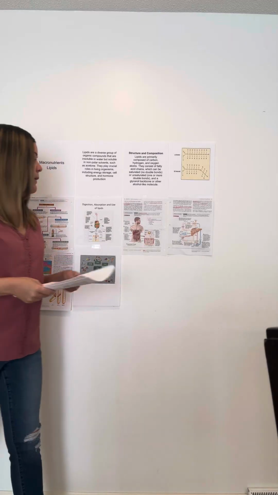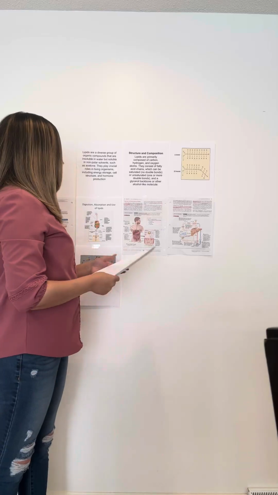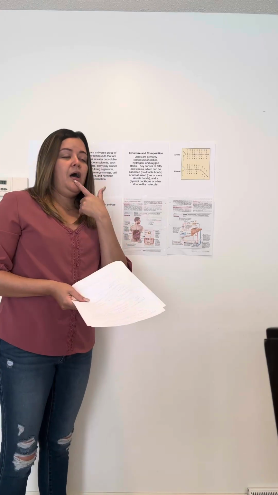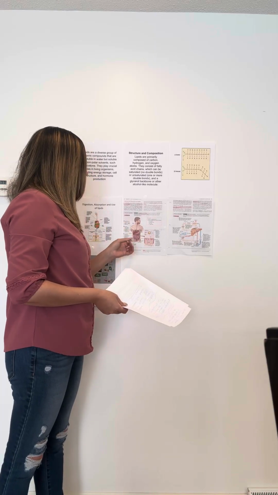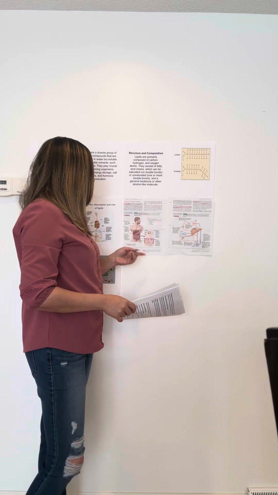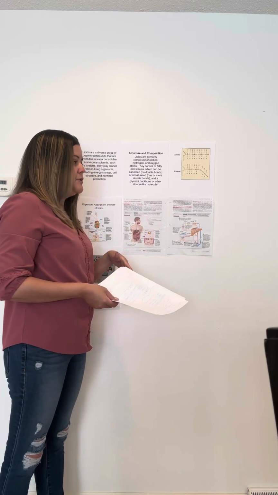Now, let's talk about the digestion and absorption of lipids. Digestion begins in the mouth with the salivary glands. It moves the food into the stomach, where a small absorption of the lipids begins because of the gastric lipase.